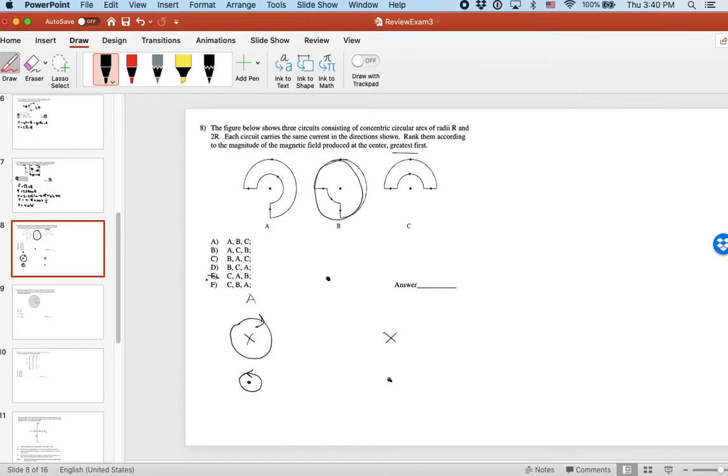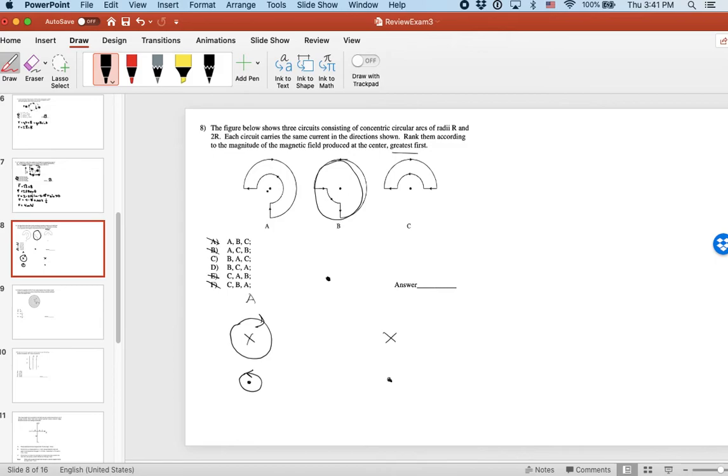So I'm going to say that B has the biggest magnetic field, so I cancel everything where B is not first. That leaves choices C and D, and I'm looking at A and C. There's more magnetic field caused by the outside of this circle than by the outside of this circle.